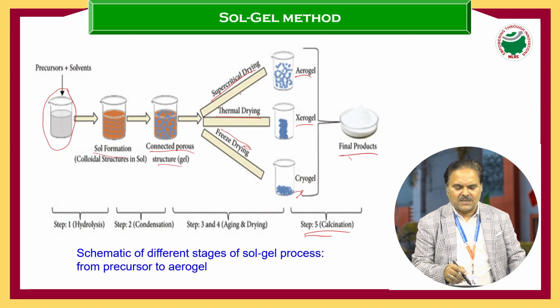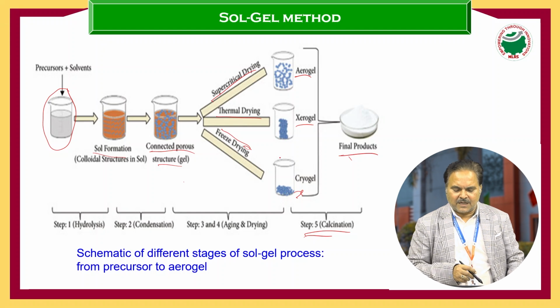That depends on the temperature actually. Cryogel means lower temperature, like if you use a freezer for the gelation, then that will be cryogel. If it is a little higher temperature, that will be xerogel. Then if you just evaporate the water, it will be aerogel. So these are the three different types of aging and drying techniques.